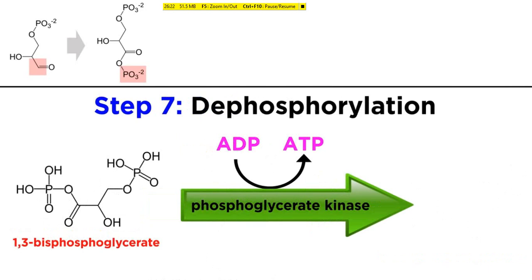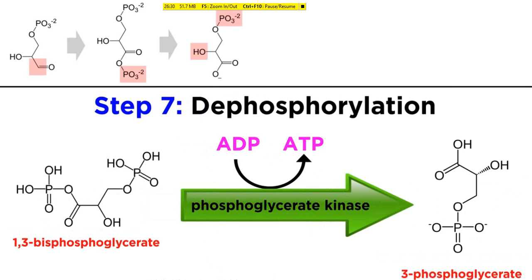Next, a phosphoglycerate kinase will catalyze transfer of a phosphate group to ADP to become 3-phosphoglycerate, producing 1 ATP in the process. Since each of the 2 GADP molecules will make 1 ATP, that's a total of 2 ATPs for half the total payoff of glycolysis.